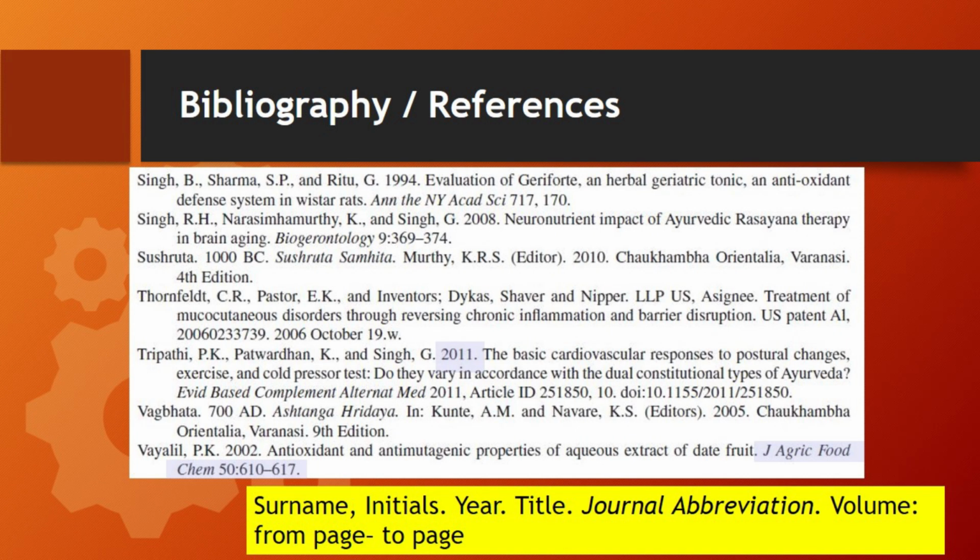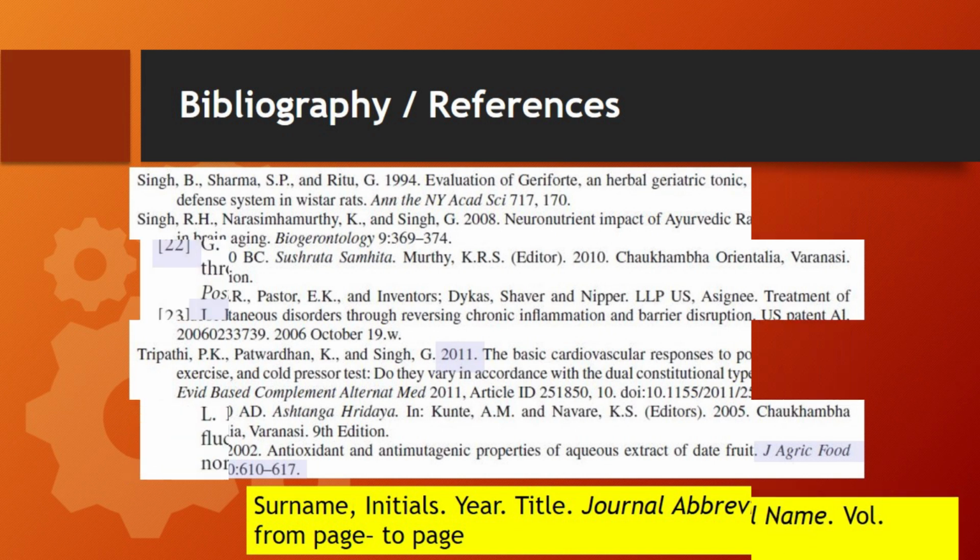You may note that after the surname there is a comma. In between two initials there are dots, and after each author there is a comma. So each of these small and minute details is very essential to adhere to while writing references.